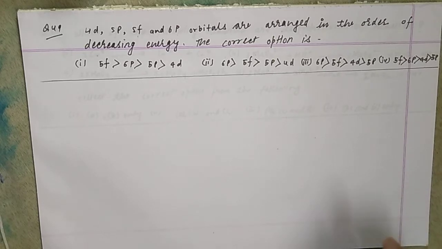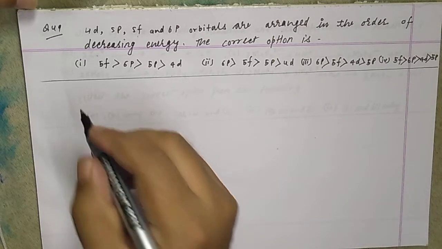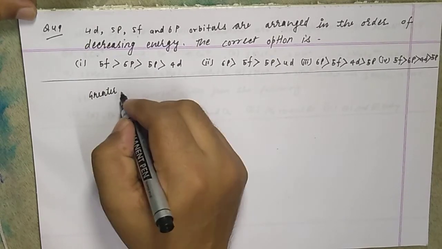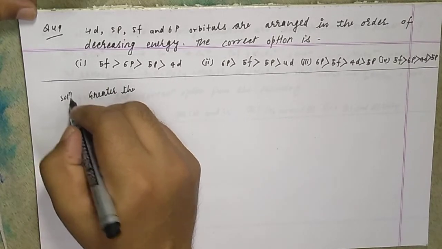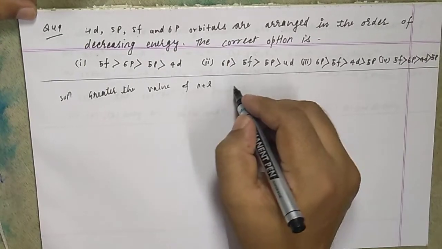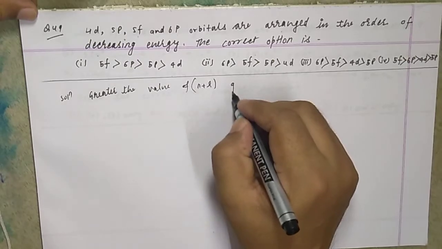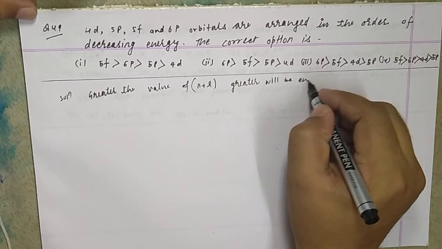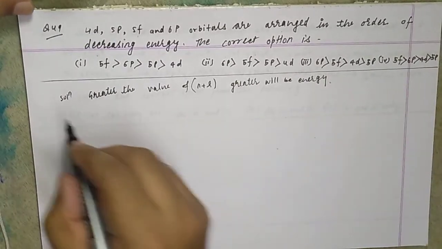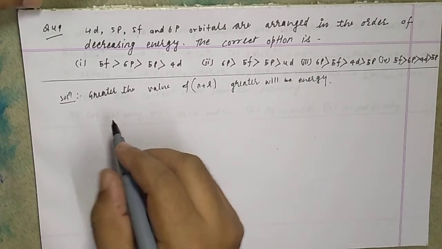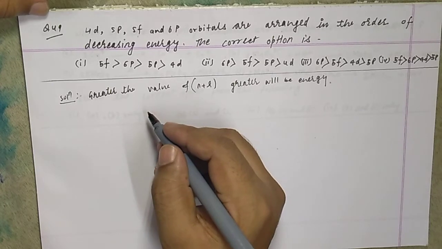The greater the value of n plus l, the greater will be the energy. So one key point we got: on the basis of the n plus l value, we can find out the order of the energy.